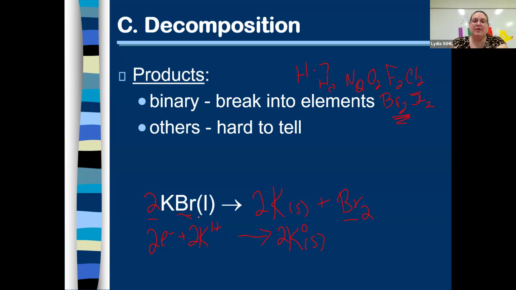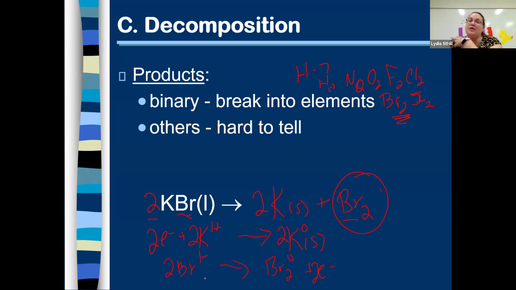Initially, I have 2, and they're Br with a 1-. And in the end, it goes to Br2 with a charge of 0. So what you're seeing here is the fact that I am going to need my extra electrons here in order to make that bromine look like that Br with a 1-.